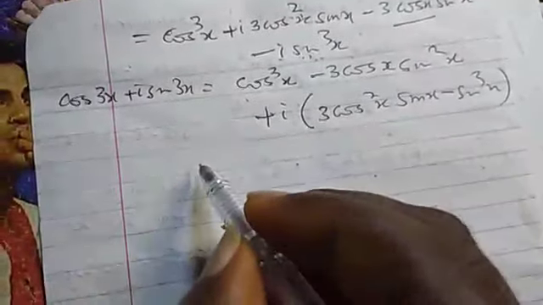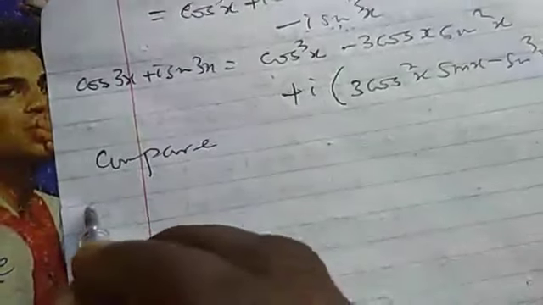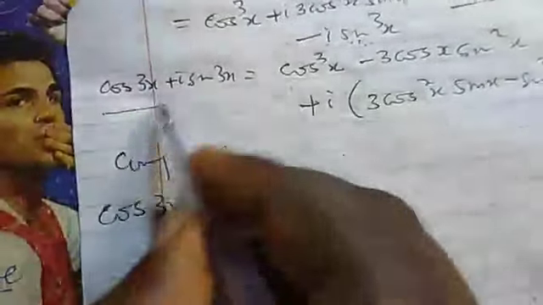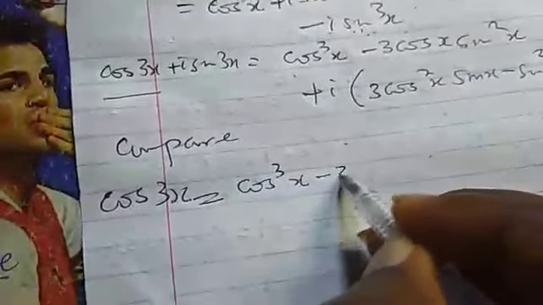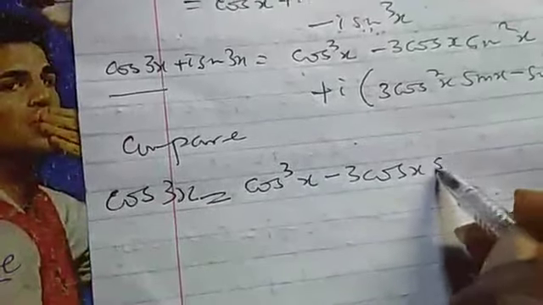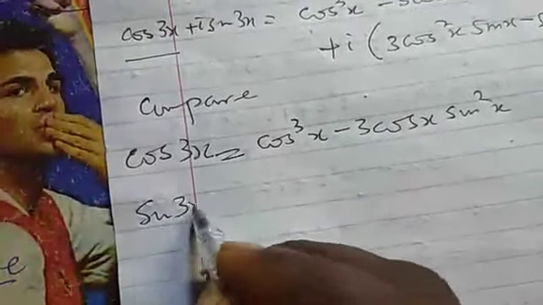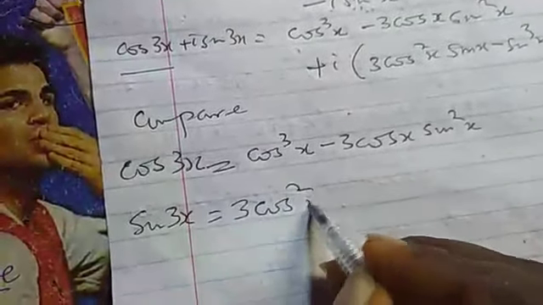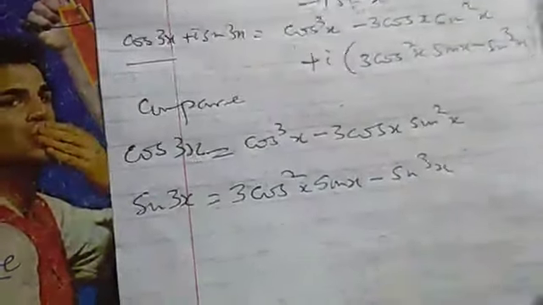From that side, we can now compare. We compare the real part to real part, which will be cos cubed s minus 3 cos s sine squared s. Also, sine 3s is equal to 3 cos squared s sine s minus sine cubed s. So that is about that.